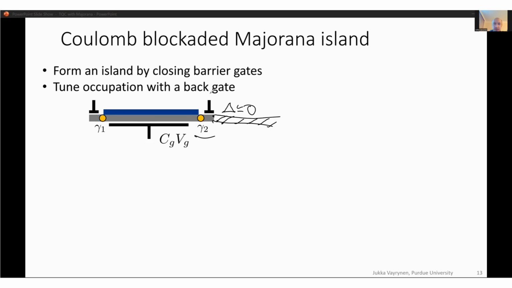But basically what we can do is put a depletion gate here that creates a potential barrier, so that this gapless continuum is not coupled to the Majorana state. And then because of this depletion gate, the wave function of the Majorana will be basically localized in this region, and same thing with the other one.